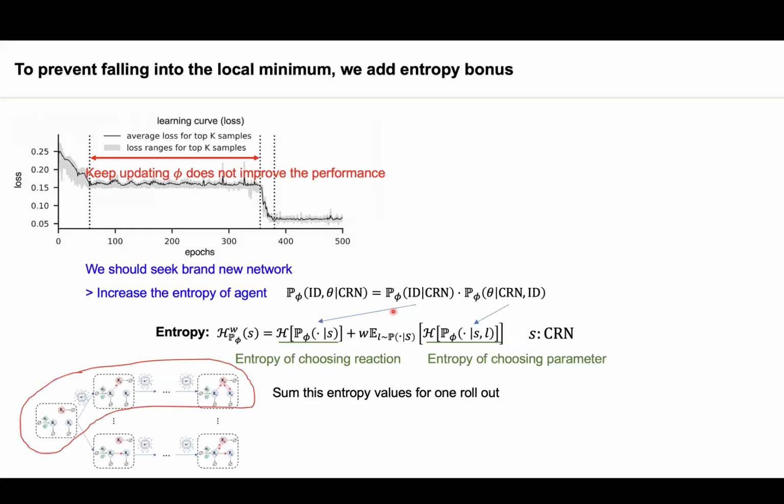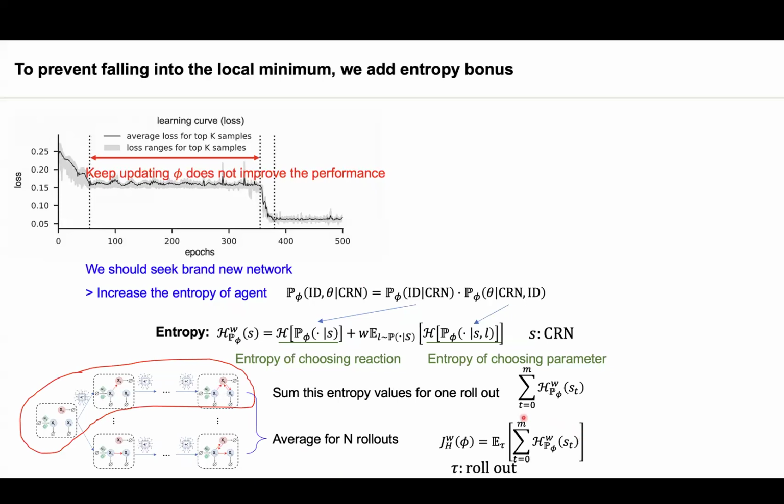More precisely, because we have many CRNs sampled here, we sum the entropy values for this chain, and we take an average over these n different chains.